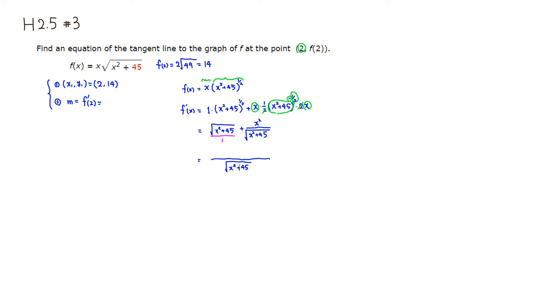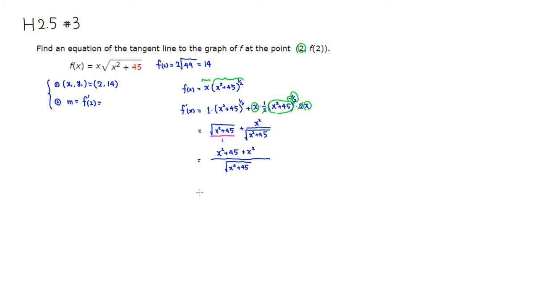Since we multiply the denominator by the square root of x squared plus 45, we have to do exactly the same thing to the numerator. The square root of x squared plus 45 times itself gets rid of the square root, so we get x squared plus 45. The second term already has the denominator, so we don't have to do anything. So plus x squared.